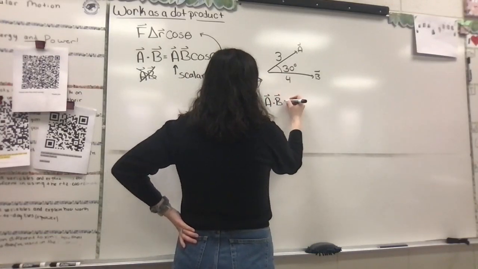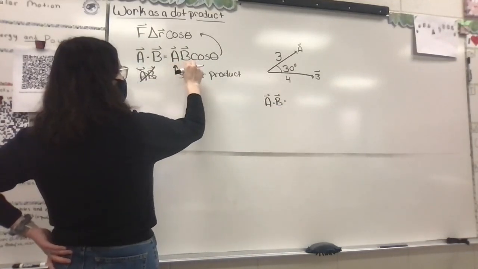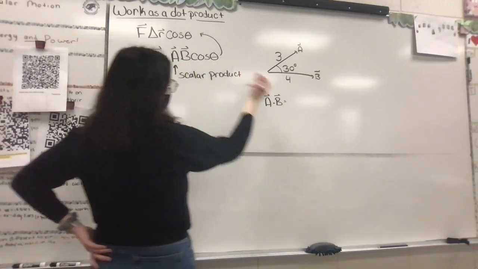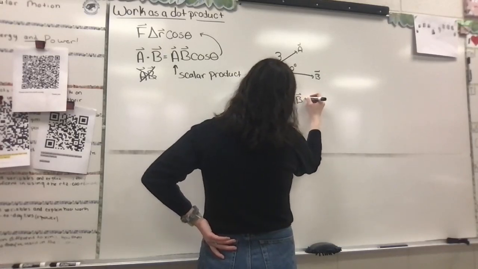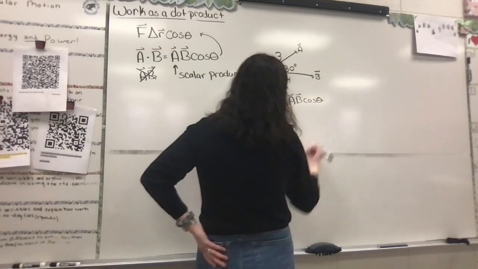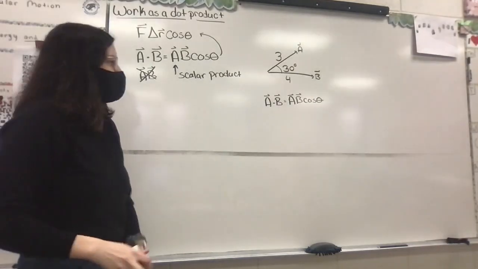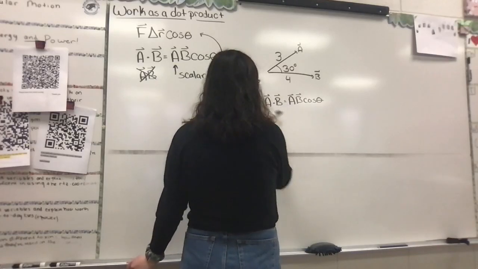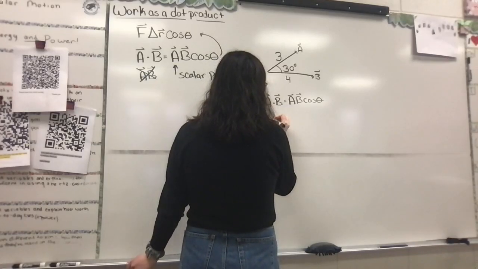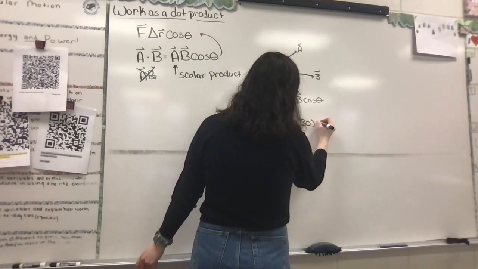We know that A dot B is going to be AB cosine theta. Should the result be greater than 0, less than 0, or equal to 0? It should be greater than 0, right? So let me know what you get. We're going to have 3 times 4 cosine of 30.